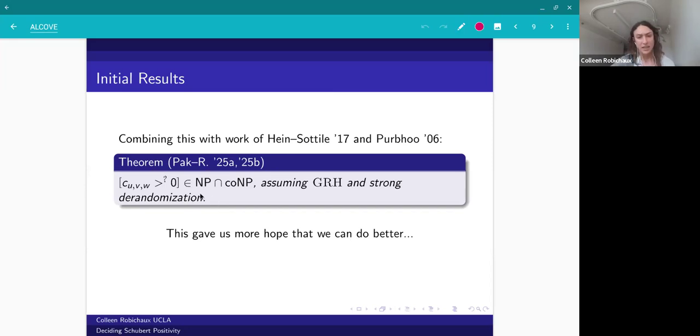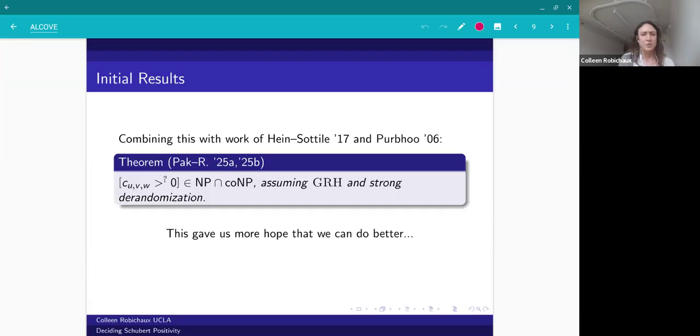And that gives us the fact that this result is going to be in NP, so we'll be able to easily check evidence of a yes answer, and we'll easily be able to check evidence of a no answer in polynomial time. So we're in this class NP cap co-NP, where we do have to assume GRH, this technical computer science assumption, to get in this NP class.